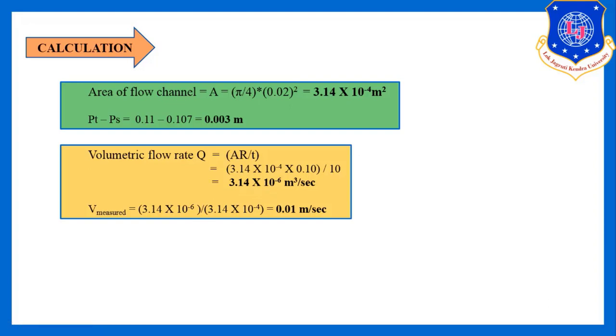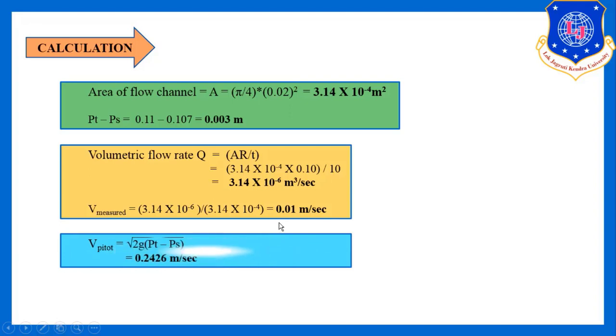So now I can calculate V measured, that is the measured velocity, because I have the value of Q and I have the value of area. So measured velocity V is volumetric flow rate divided by area, and you will get V measured equal to 0.01 meter per second. And now we have to calculate the Pitot velocity, that is V Pitot.